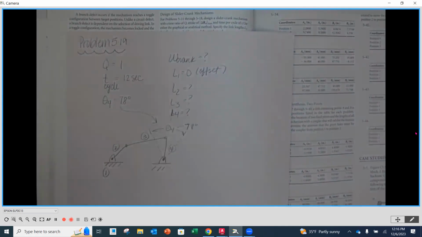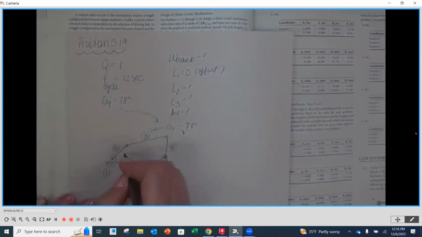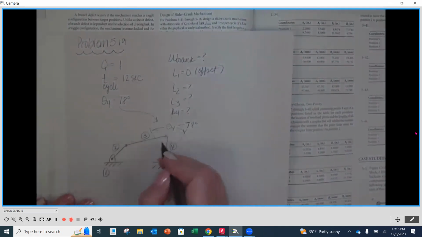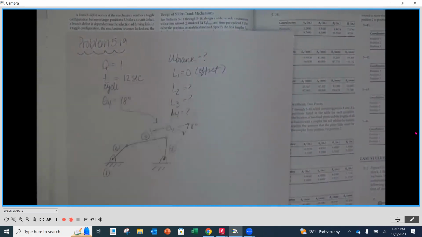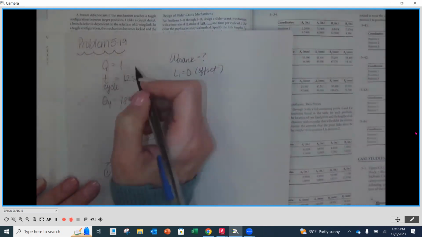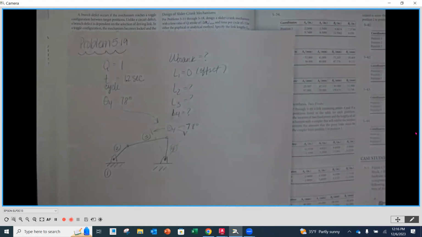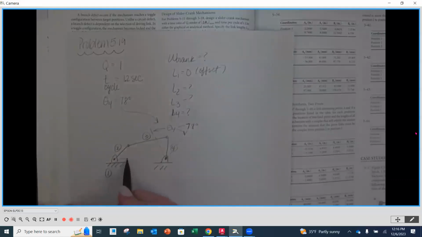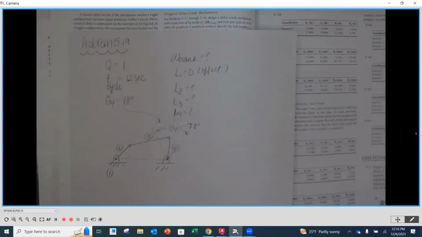Now the entire time for this to go around 1 revolution and this to go back and forth, that's our cycle time. That's going to be T is equal to 1.2 seconds. And then Q equals 1, as we had stated earlier, this is symmetrical motion. So it's the same amount of time to go out as it is to go in, out and in. And that's because these are in line with one another.